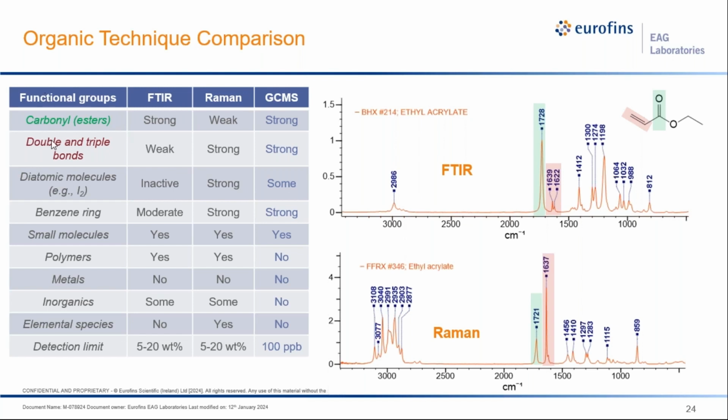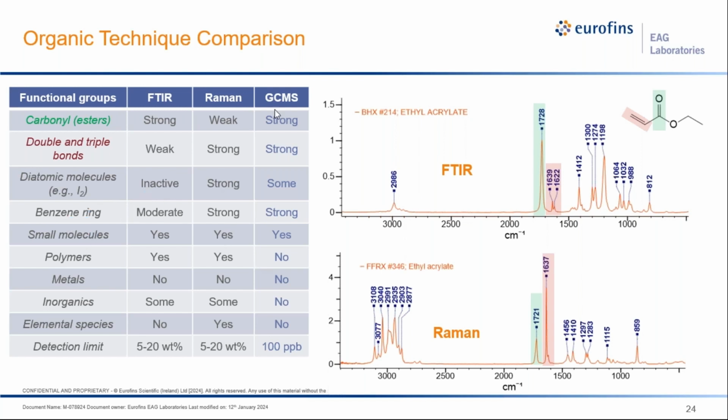Okay, so if we look at this table, we can see that carbonyls are going to be strong in the FTIR, but weak in the Raman, and the opposite is true for the double and triple bonds. They're going to be very strong in the Raman. In addition, diatomic molecules like iodine are not going to be observed by FTIR, but they will shine up brightly in the Raman. This is also true for benzene rings.